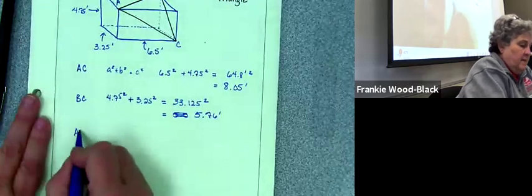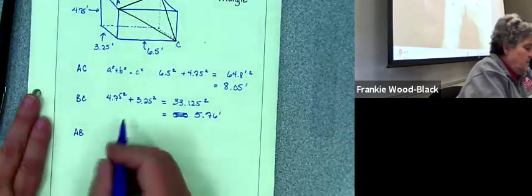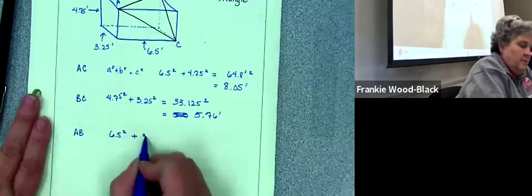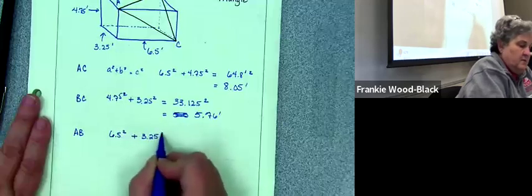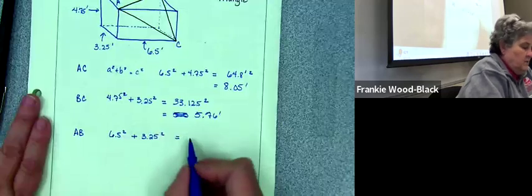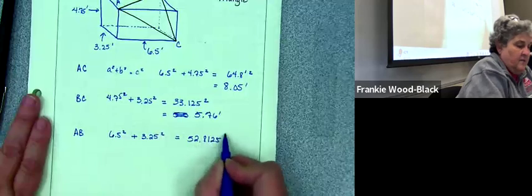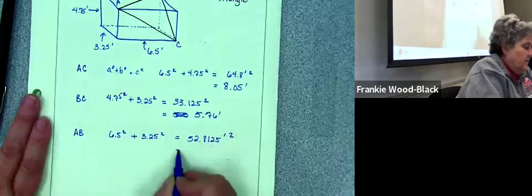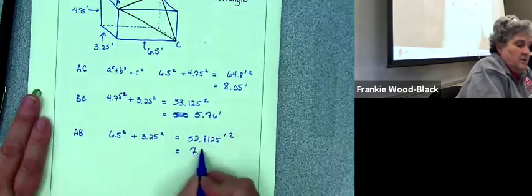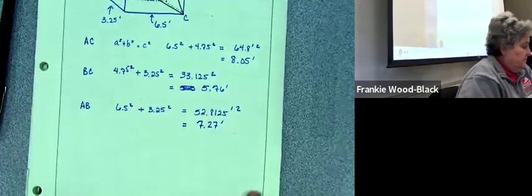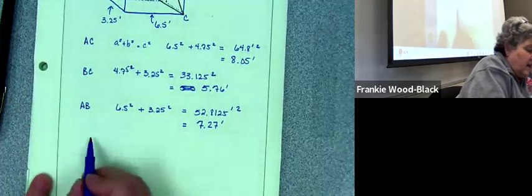Now I'm going to do my AB side, 6.5 squared plus 3.25 squared equals 52.8125. And that's 7.27 feet. So now I have my triangle.